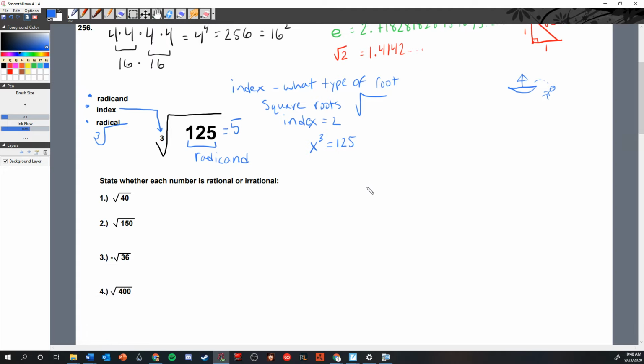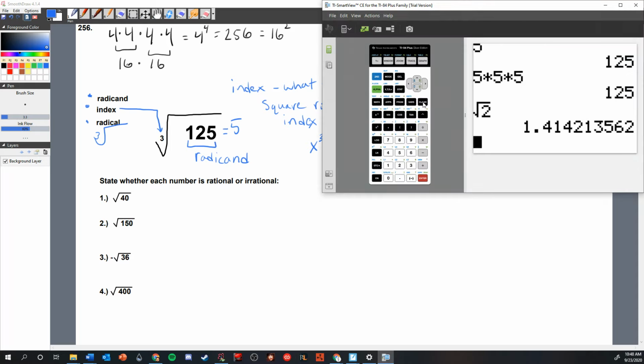The ways we can check are to pop them in the calculator and see if it comes out to a nice whole number, or to some gross repeating or non-repeating decimal.